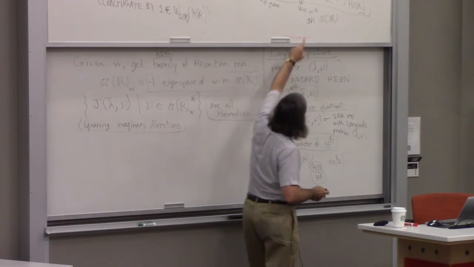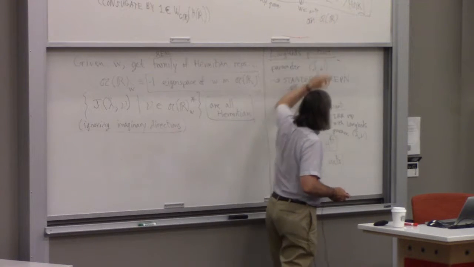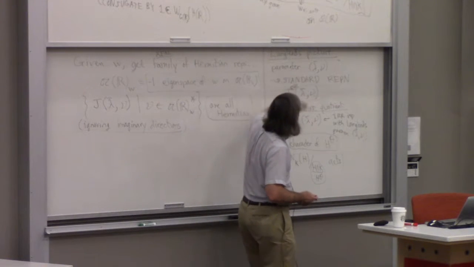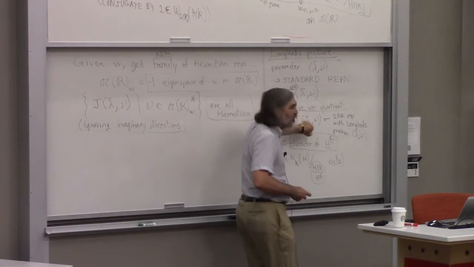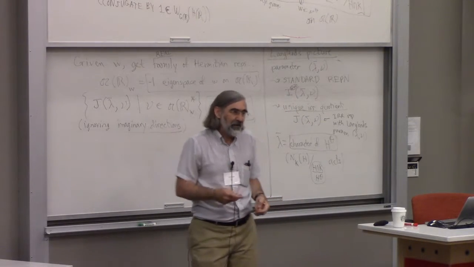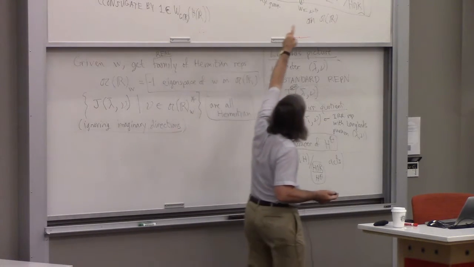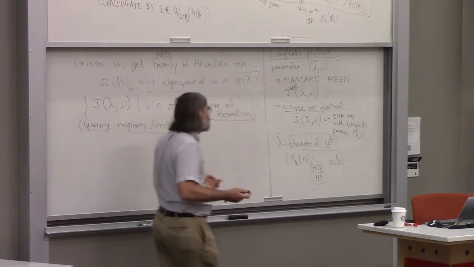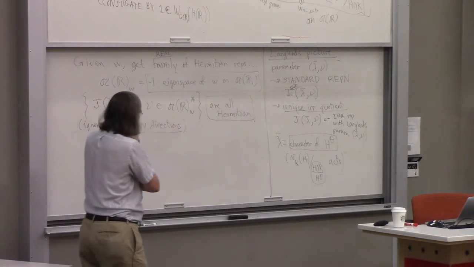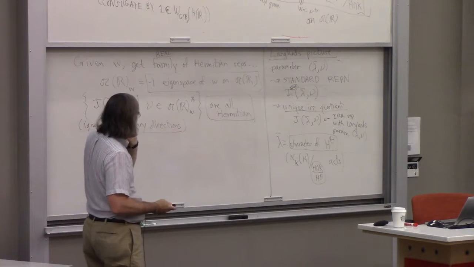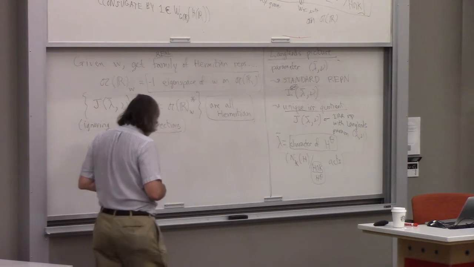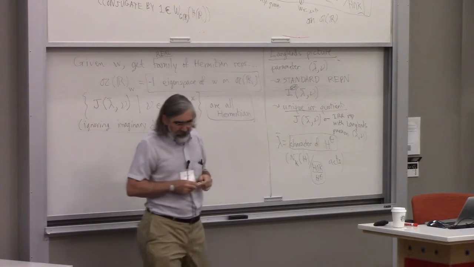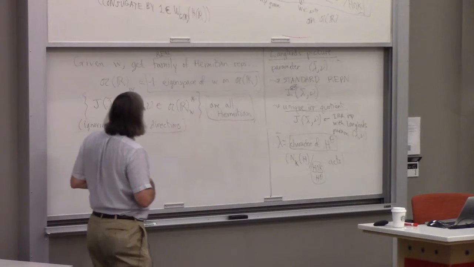So this Weyl group moves these lambda bars around, and I'm looking only at things that fix it.